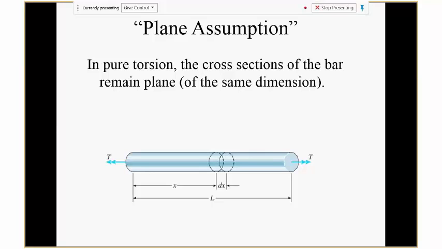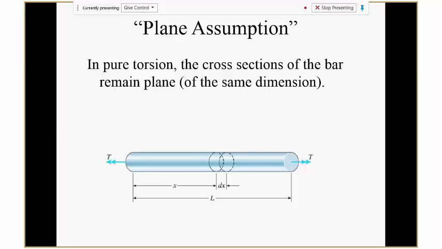We assume when you have a shaft under torsion, the cross sections will remain as a plane. They just relatively rotate a little bit. It's not just that they remain as a flat plane. They also don't change their size. So it's like they're rigid. Each one remains rigid, with the same size and same shape, and just rotates a little bit. So that's the plane assumption.